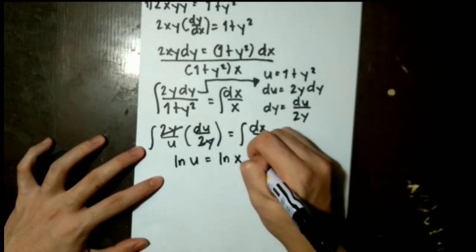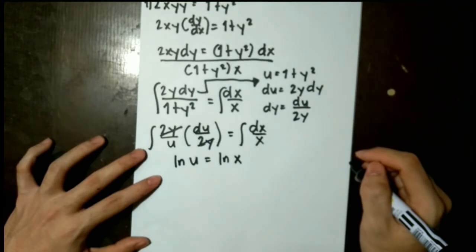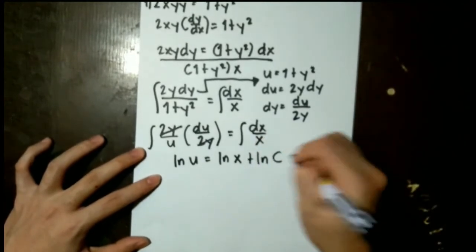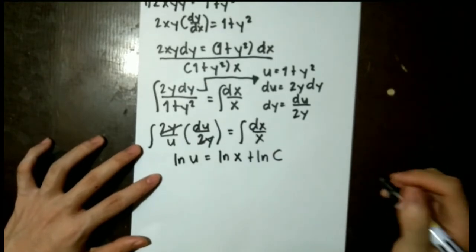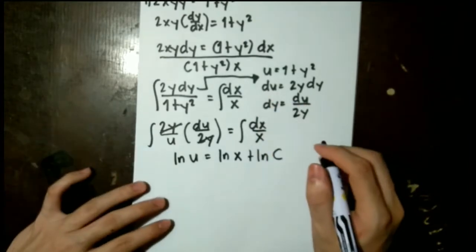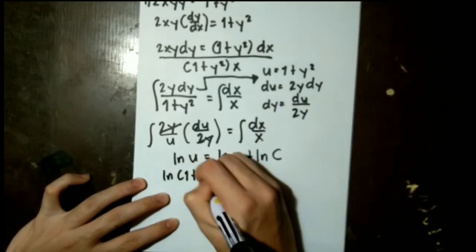At maglalagay tayo ng plus c. Pero sa mga ganitong case, mas magandang ilagay natin na value ng c is ln c. Para mas yung sagot natin mapunta natin sa simplest form. So, substitute na natin yung value ng u, which is yung ln ng 1 plus y squared.